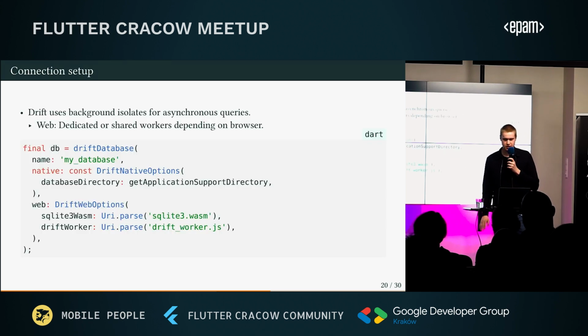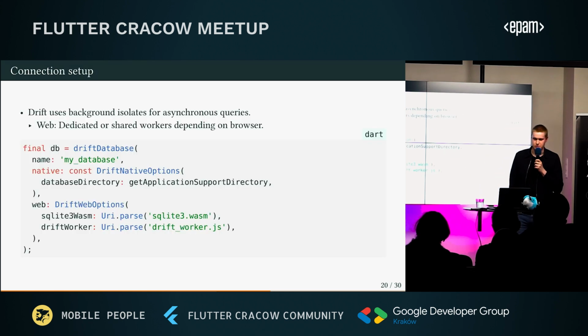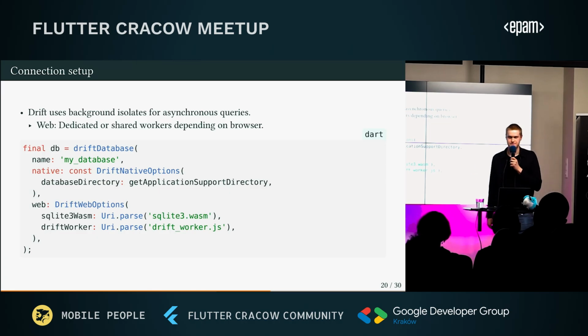All right, a final feature shout out I want to give. Or not a shout out, I mean, I did all of the work. Running SQLite on native platforms and running SQLite on web platforms are pretty different things, because on native platforms, it's a C library that you can just invoke synchronously using dart:ffi.